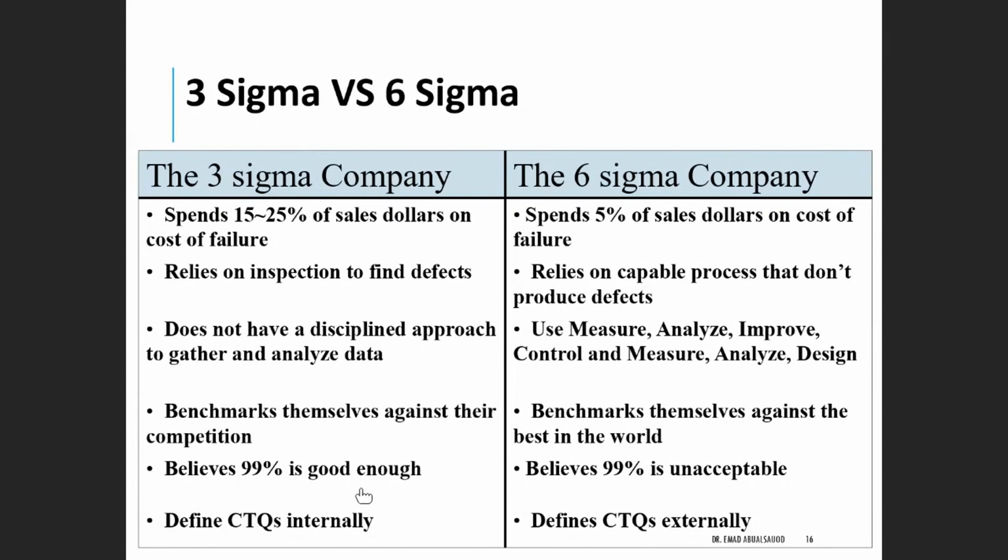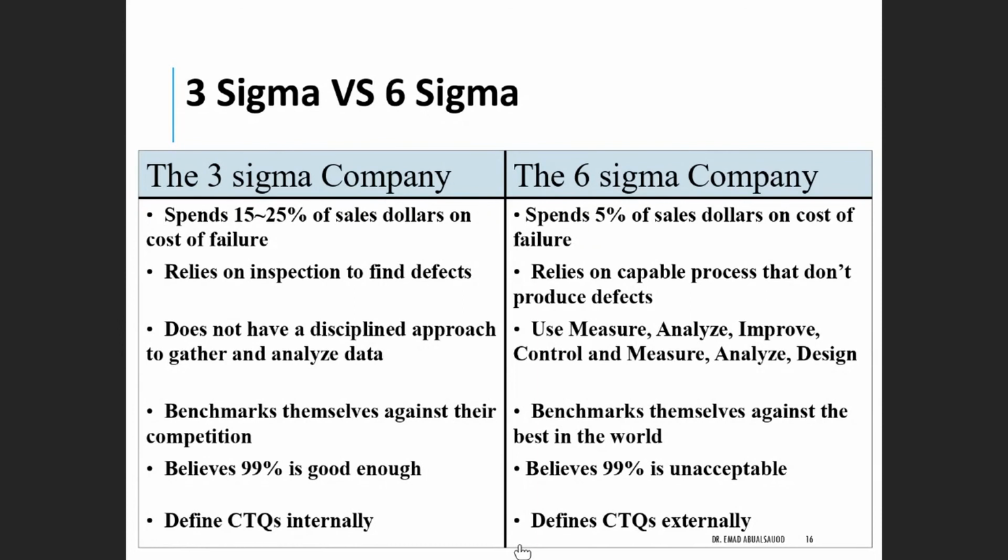Define critical to quality internally, define critical to quality externally. What does it mean? Critical to quality, الأشياء الأساسية للجودة, whether in the product you are designing, the process you are working to improve, or your service transaction.